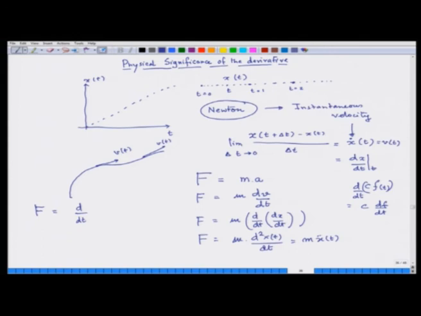So here you can pull in this mass, the constant. By the way, mass is also not a trivial concept. So this mv is called the momentum. Force is actually proportional to the rate of change of momentum, and that was exactly what was written by Newton in his Principia. It was not stated that force is mass into acceleration.